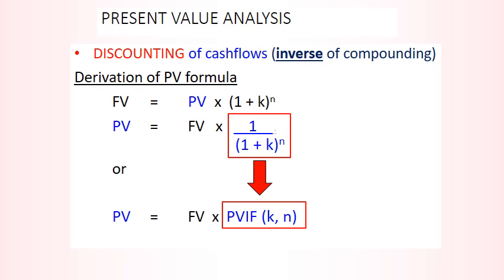So take note, there are two ways to find the answer. One is the 1 plus k formula. The other one is the table format method, where we refer to the PVIF table.